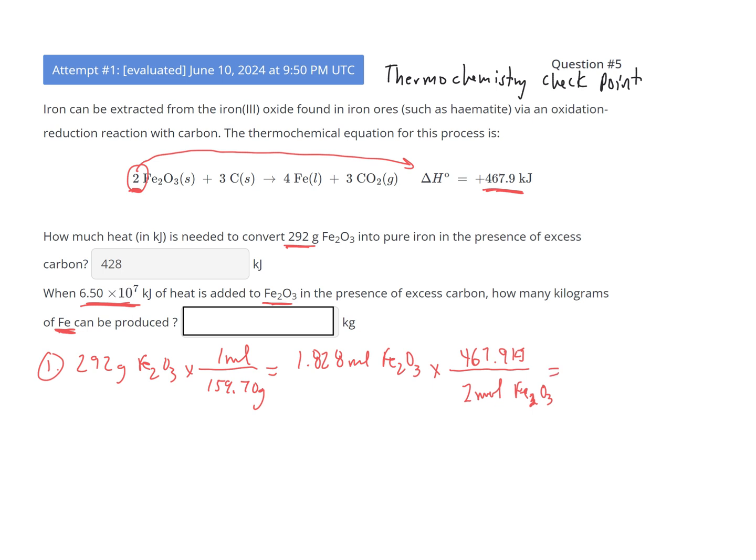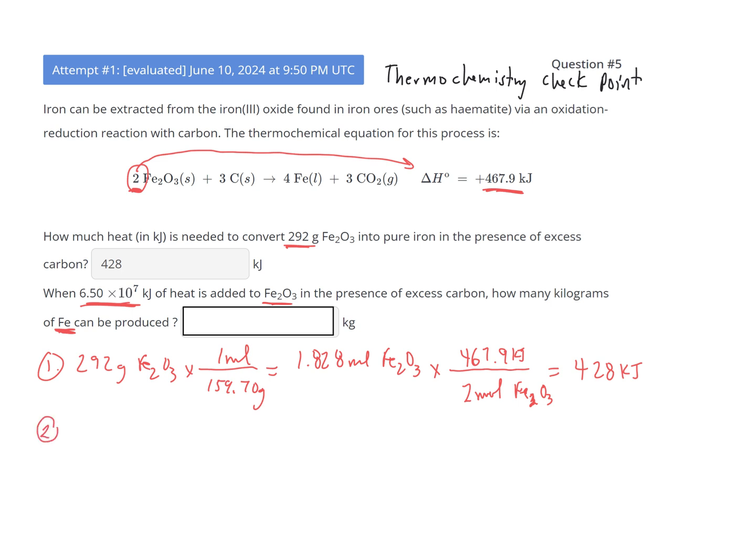So multiply by 467.9 over 2, and we see that it's going to require about 428 kilojoules of energy for this reaction.